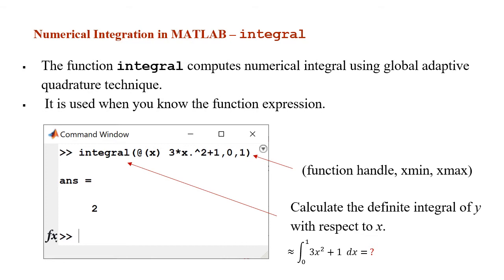So it is an approximation at the end of the day, but with a very small error percentage. To know more about the function integral and the error margin, you can type help integral in MATLAB to learn more about it.